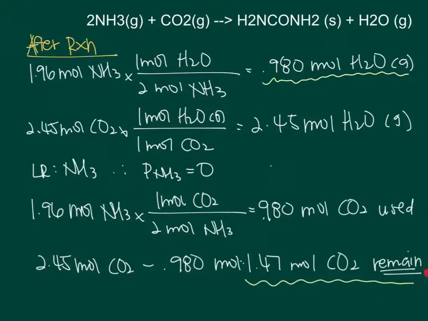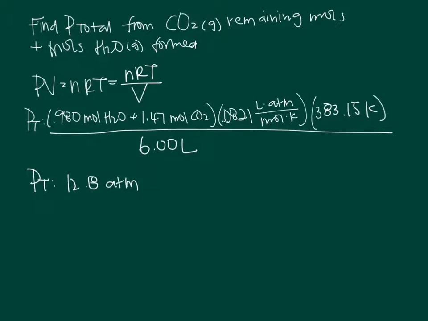We can now use the remaining carbon dioxide and the moles of water vapor gas that was formed and plug them into the ideal gas law to figure out the total pressure in the flask after the reaction at 110 degrees. We're using PV equals nRT again, but now solving for the total pressure, so P equals nRT over V. The moles are the combined moles of the remaining carbon dioxide gas and the water vapor formed, so it's 0.980 plus 1.47 moles.